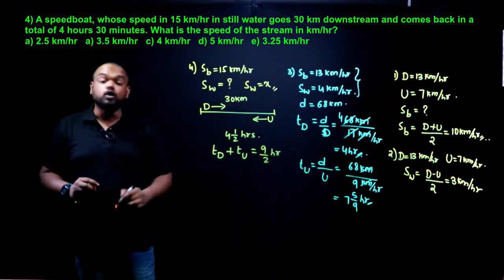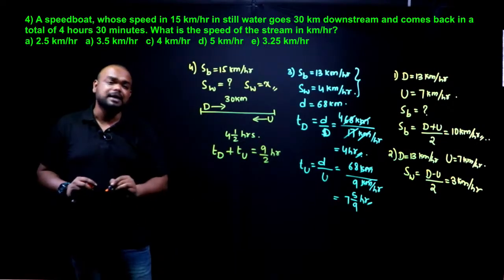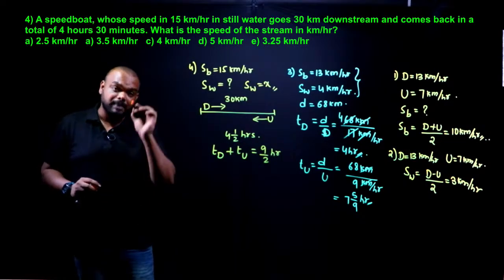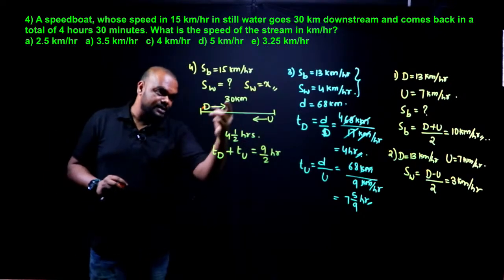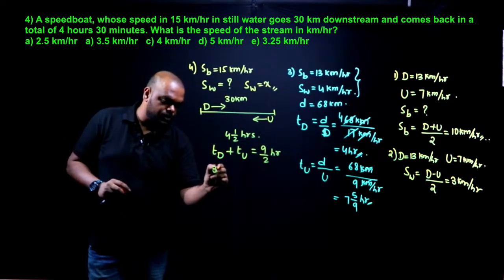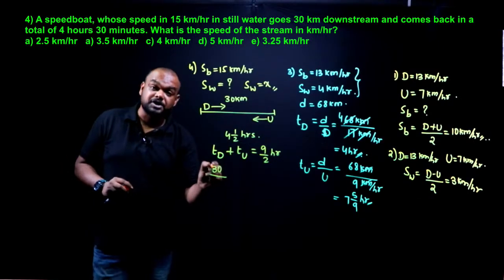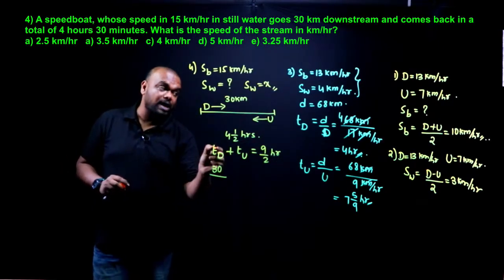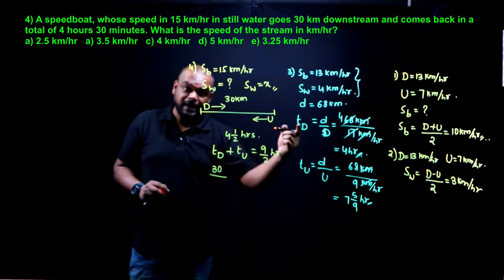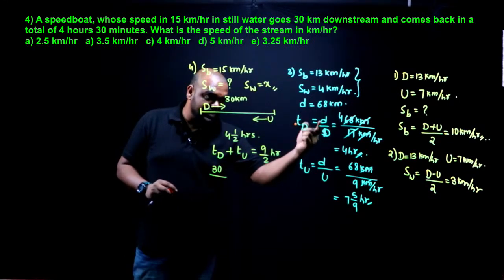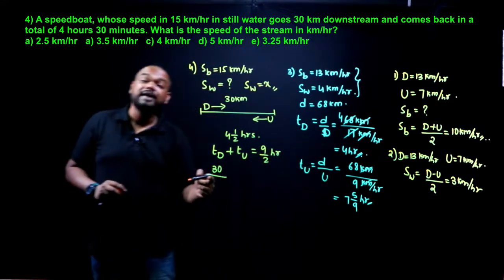Now, time taken during downstream. How do I calculate downstream time? Time is distance by speed. What is the distance here? 30 kilometers divided by speed. Which speed do I use? Downstream speed. But do we have the downstream speed?